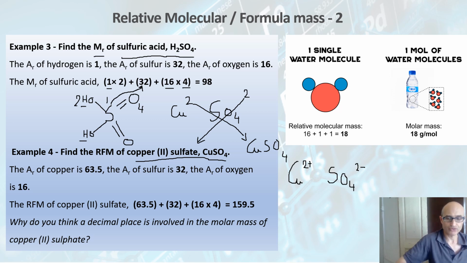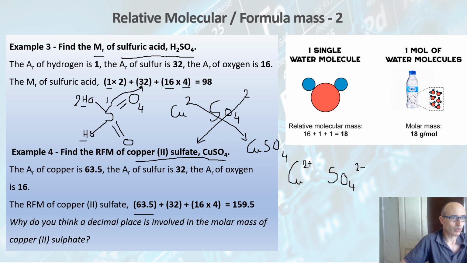You have CuSO4, you've got one copper ion, and then making up the sulfate anion, you have a sulfur and 4 oxygens. So one copper has a relative atomic mass of 63.5. Sometimes it's given as 64 in your periodic table.